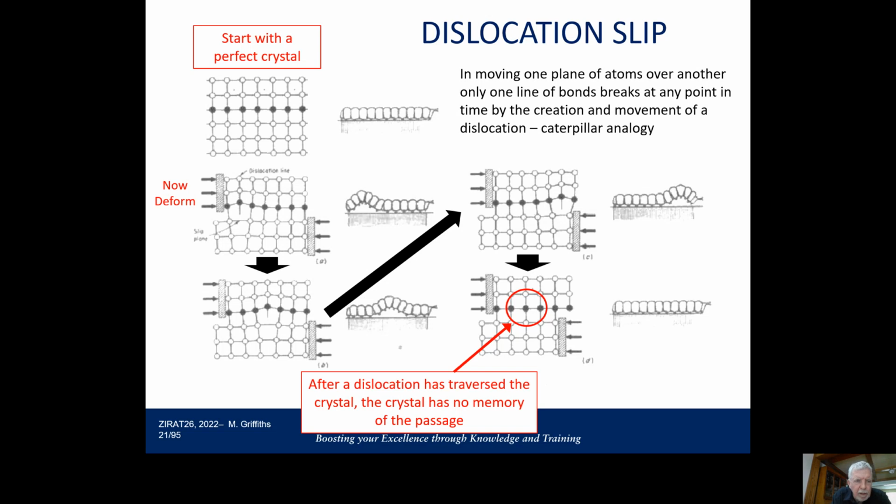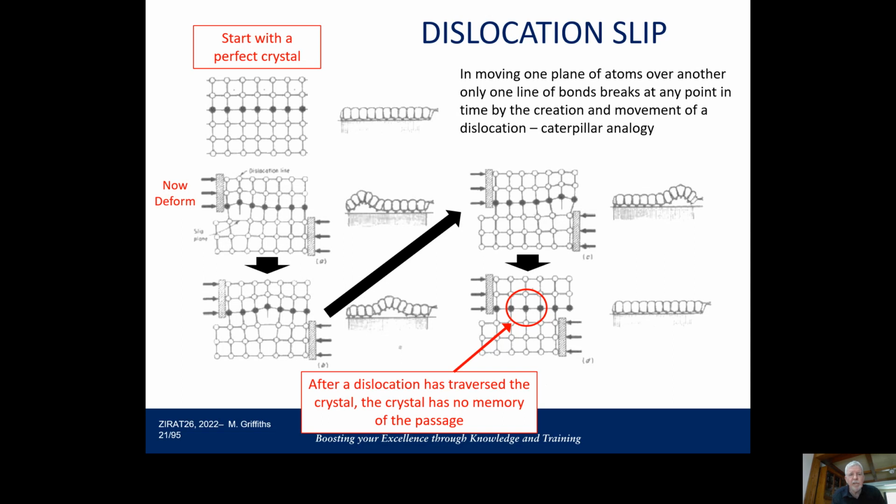I'll get my pointer again. If I wanted to move this layer of atoms in that direction and get to this position, and again, ignore these little black fill here. This is an imaginary layer. It's just where we would break the bonds. Typically, that takes enormous stress.